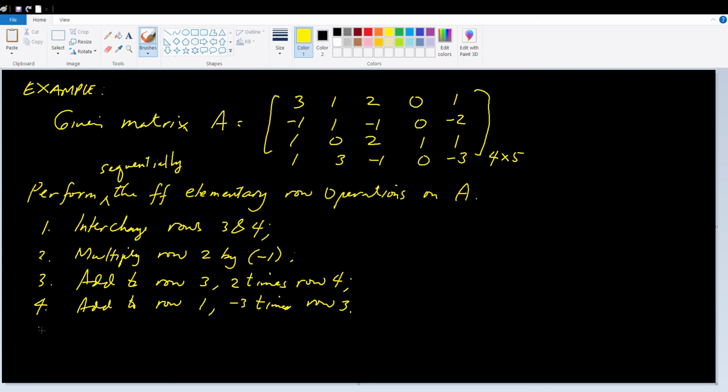Okay, and finally, you interchange rows 1 and 4. Okay, so we will do it sequentially.